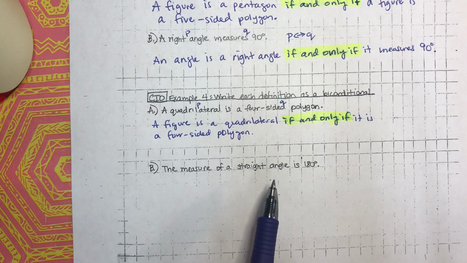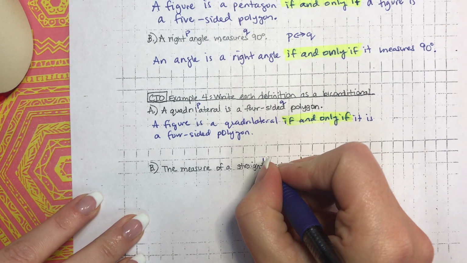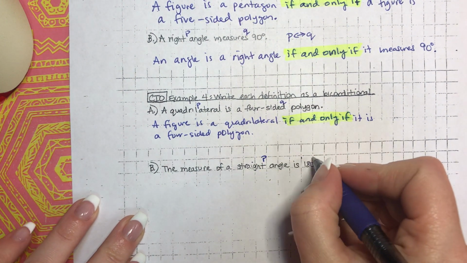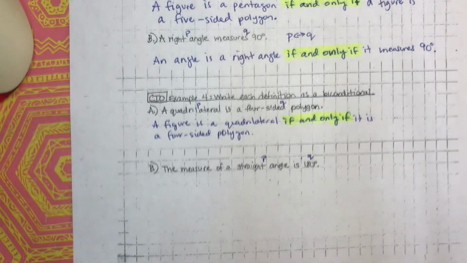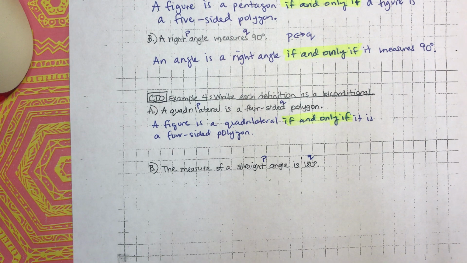We have this idea of a straight angle, right? That's going to be our hypothesis. And then we have this 180 degrees. Okay, so that's going to be a part of our conclusion. So what word do we insert in there? What are we talking about? We're talking about an angle.